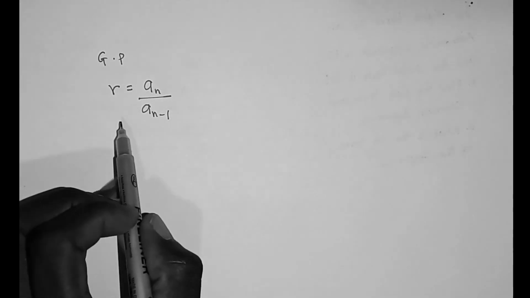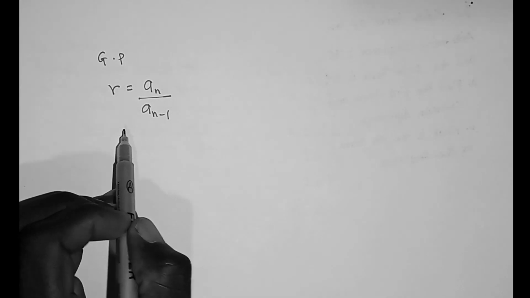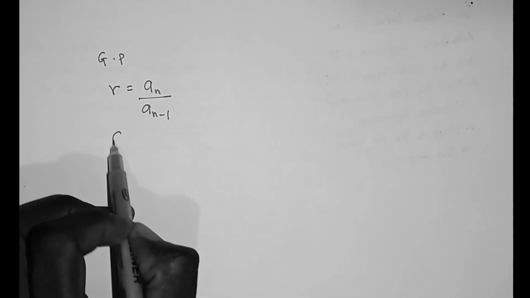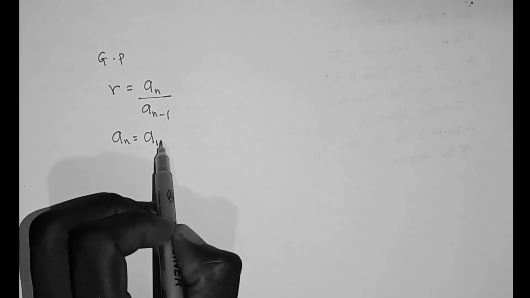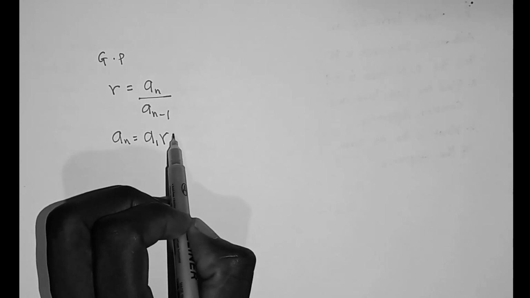The general formula for finding the nth term of a geometric sequence is AN equals the first term A1 times the common ratio exponent N minus 1. So this is the general formula for finding the nth term of a geometric sequence.